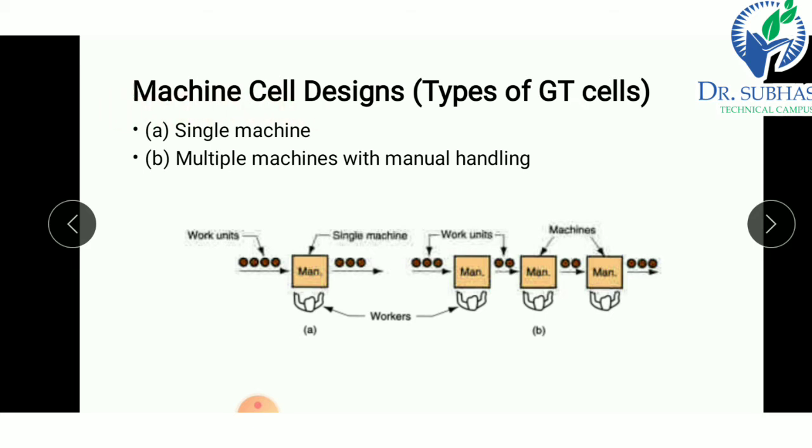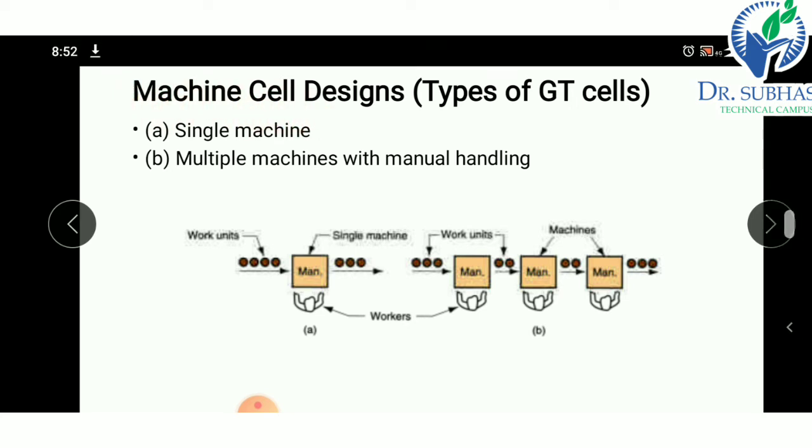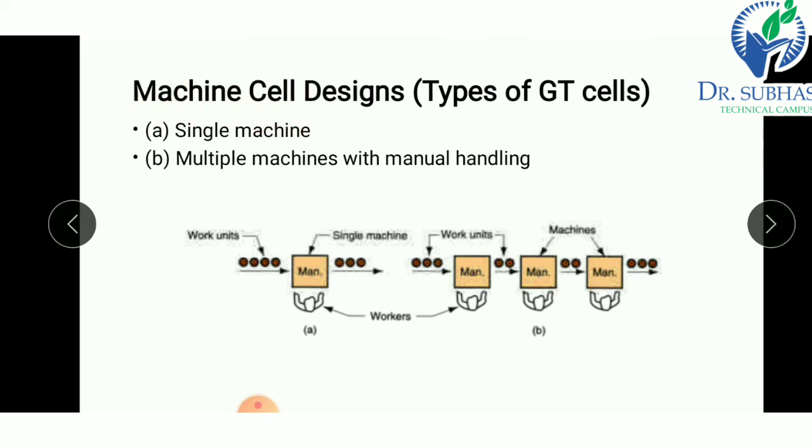We can say that a machine cell is a place where some of the machines are kept. Suppose we consider there is one place where all the grinding machines are there, another place where all the cutting machines are there, another place where all the milling machines are there. So this place is known as a cell. But a machine cell, that means the cell, contains a number of machines, it may be 1, 2 or many more.